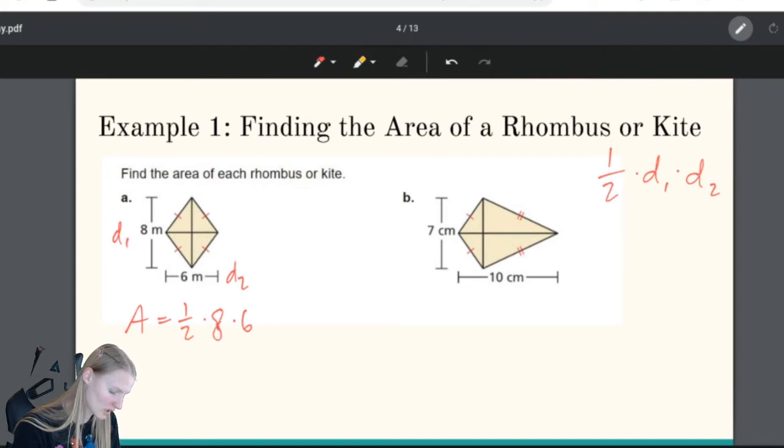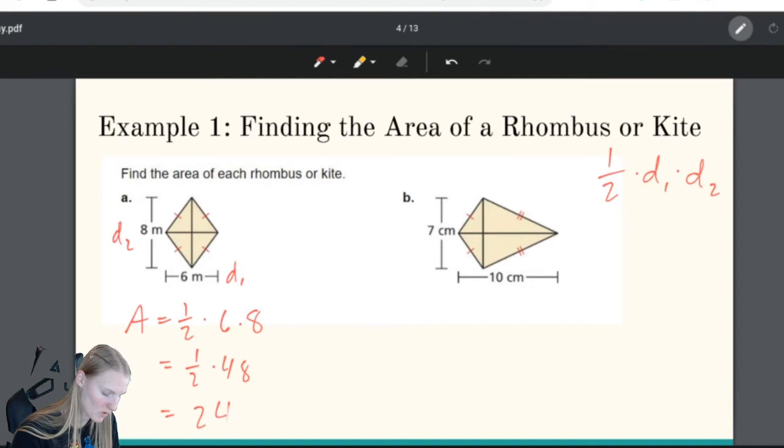And if I change it, and I make this diagonal 2 and this diagonal 1, now I have 1/2 times 6 times 8. That's the same thing. So it does not matter. Nobody cares which one you use as diagonal 1 and diagonal 2. 1/2 times 6 times 8, that's 1/2 times 48, which is 24 units.